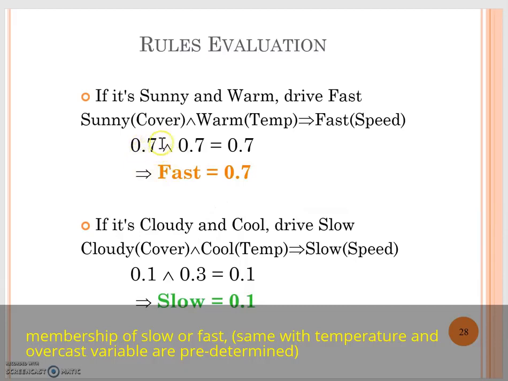So 0.7 and 0.7, we take the minimum, which is 0.7. So the value for fast, how fast we go, is 0.7 or 70% fast.